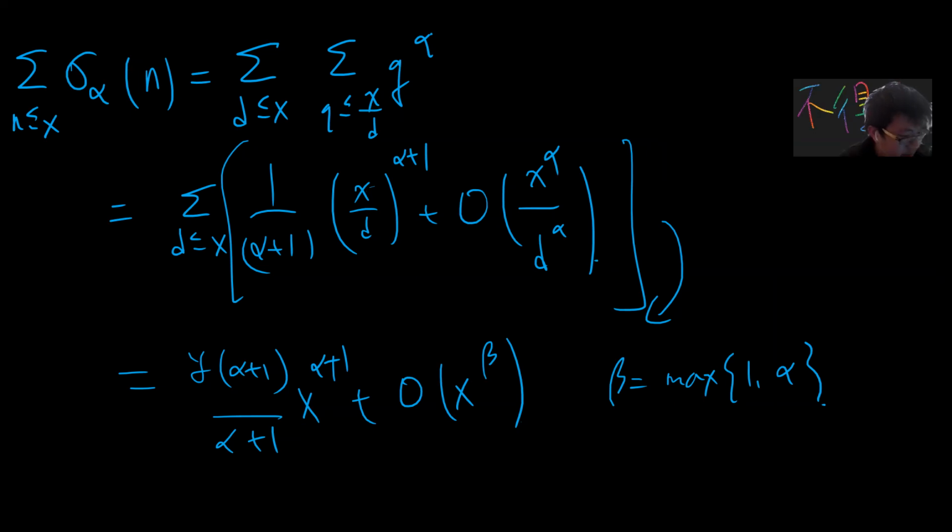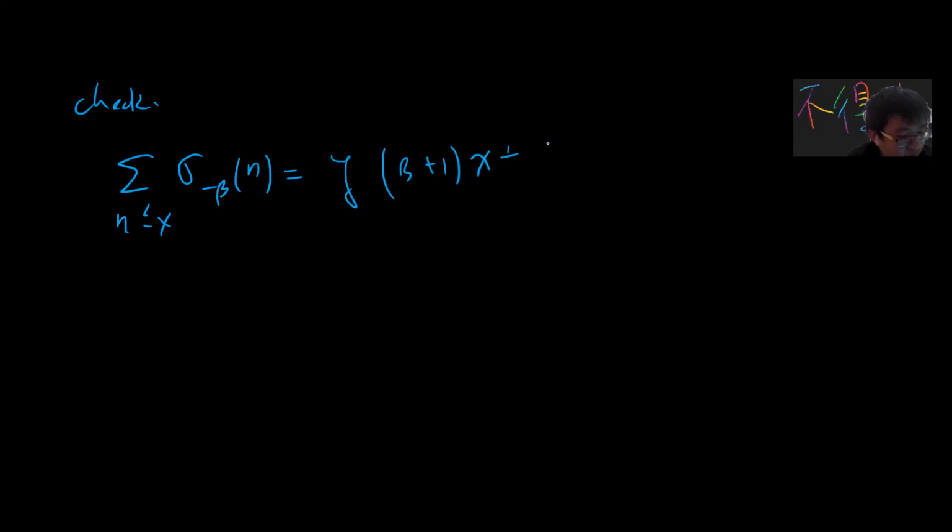Okay, and you can also try to bound the inverse. In this case, I usually assume that alpha is greater than 1, right? But if you assume that alpha is less than 0, then you can also bound the same thing. So let me just write down the results, right? You can check that if you take the sum of n to the minus beta, where n is less than or equal to x, then you get zeta of beta plus this.